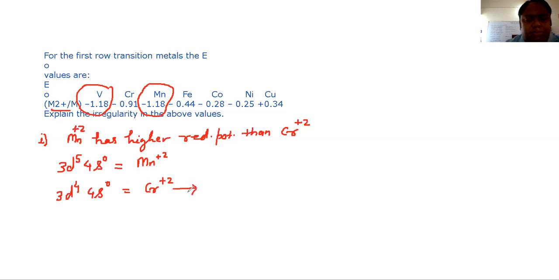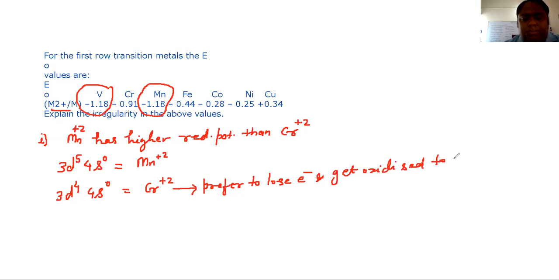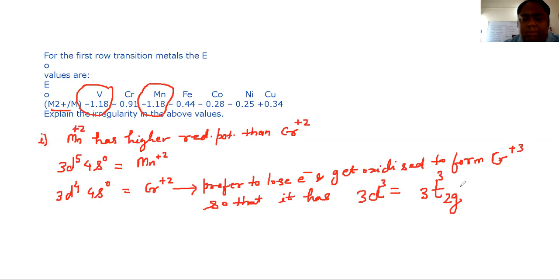Chromium would prefer to lose an electron and get oxidized to form Cr3+, so that it has 3d3, that is t2g3, a symmetrical and stable configuration.